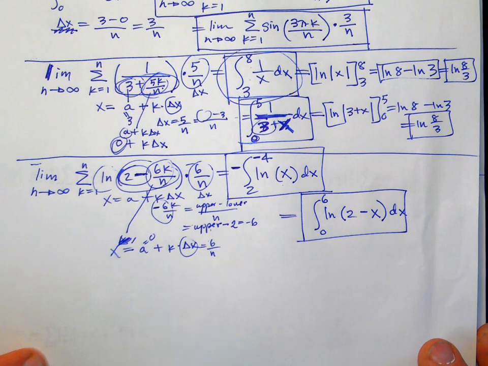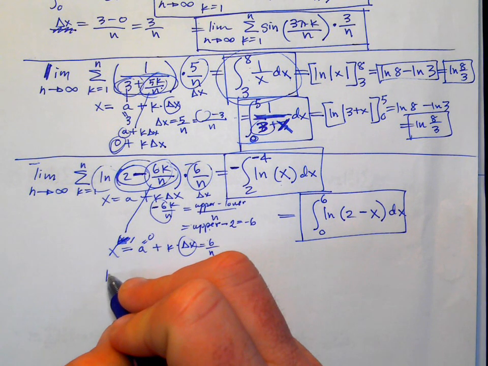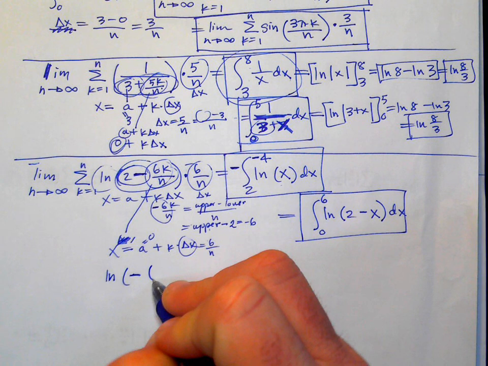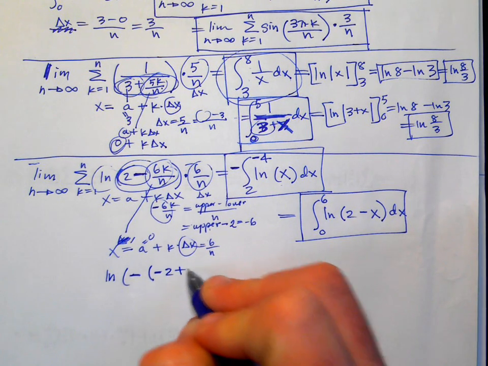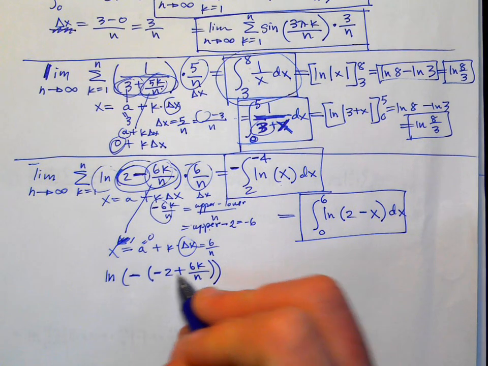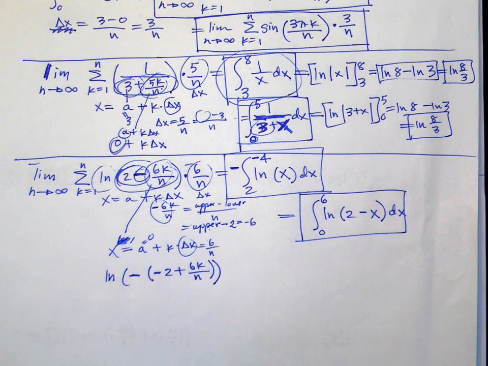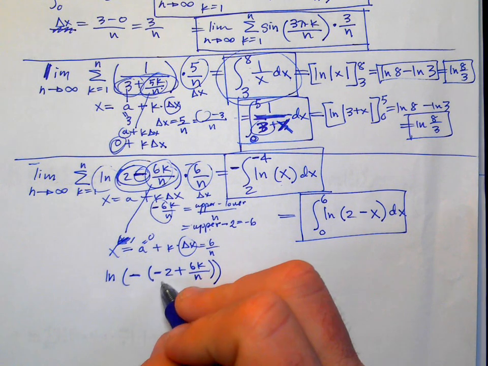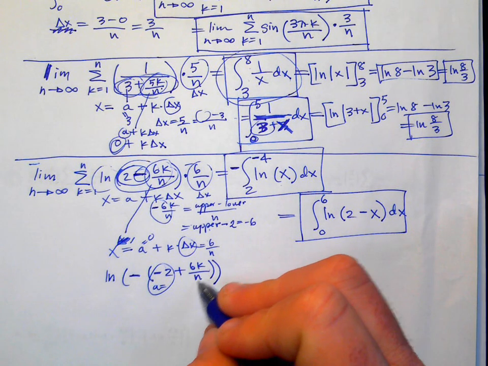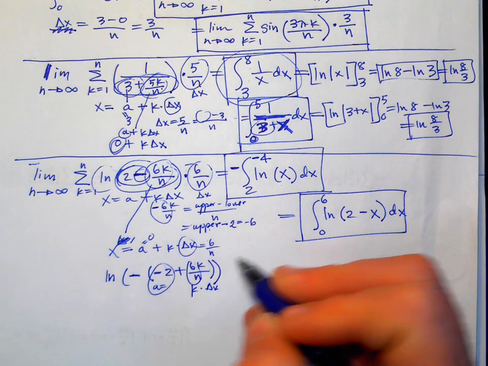There's even another possible interpretation where we say, let's think of this as natural log of the negative of negative 2 plus 6k over n. And then that takes care of the issue up here. This negative was just making it weird. So now your a value could be negative 2, and this is your k delta x. So that's your delta x.